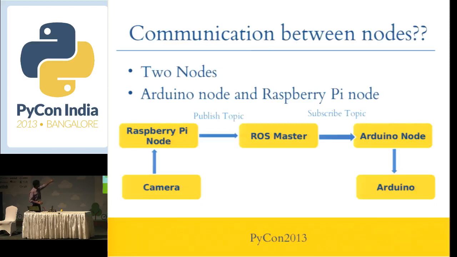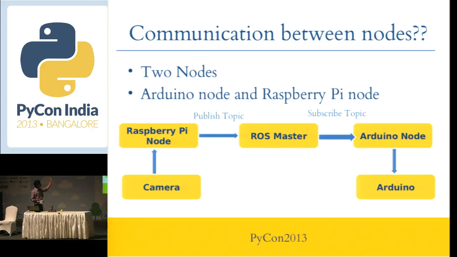We have two nodes. The Raspberry Pi node does the tracking and image processing, fetching images from the camera, and the ROS master is the intermediate code. The Raspberry Pi node will send the control signal, like whether the ball is left or right, and how much offset there is.